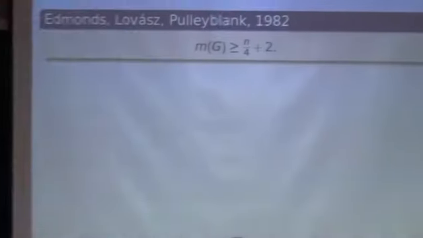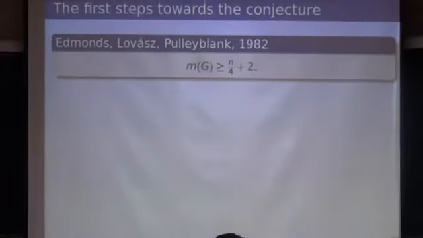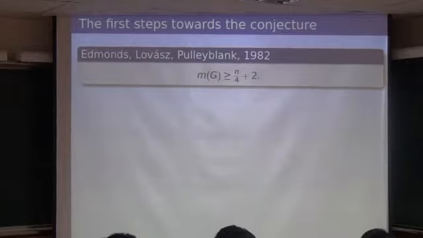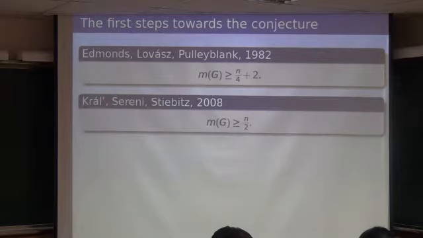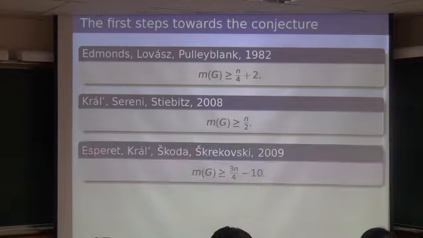So back to the background. There was a long period of time when people were stuck on stuff between n and n over 4. So in the early 80s we had a bound of n over 4 on the number of perfect matchings. And then this was improved to n over 2 much later. And then 3n over 4.